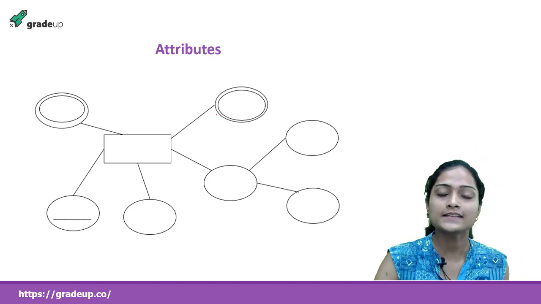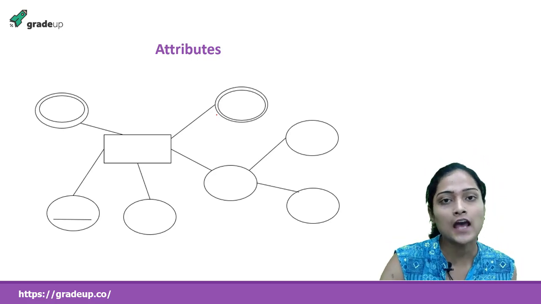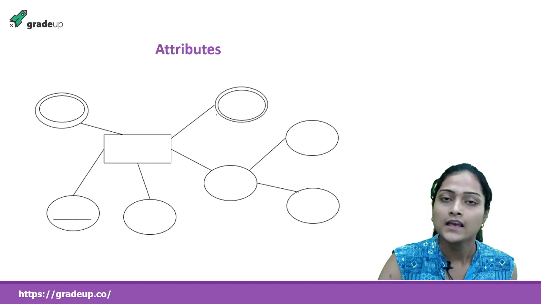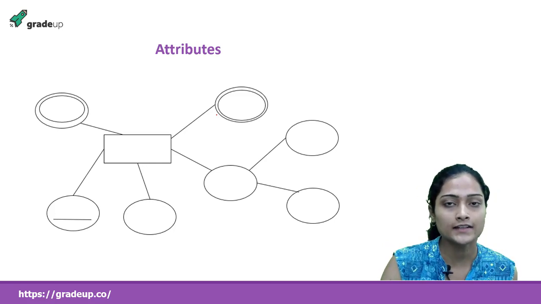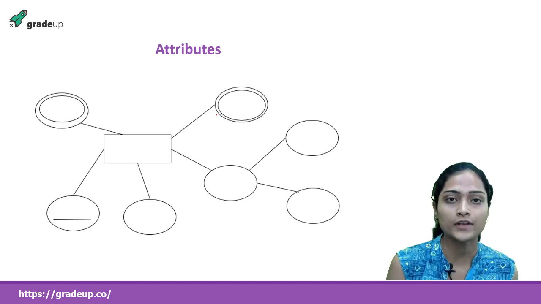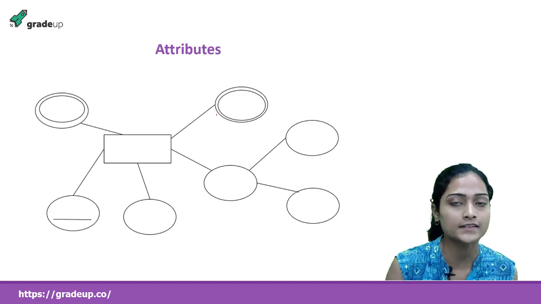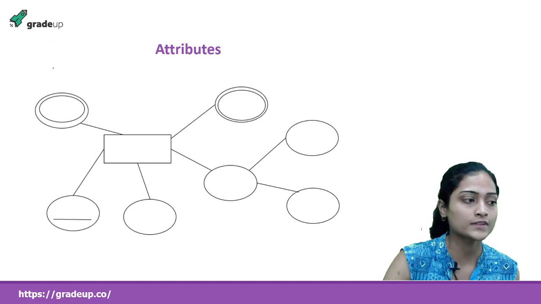Now let us discuss different types of attributes and how we are going to represent them. I always told you that it is very easy when you study things with an example. I prefer to teach, or I prefer to learn, each and everything with the help of an example, because if you learn with an example, you remember things for a very long time. So we are going to do the same thing.